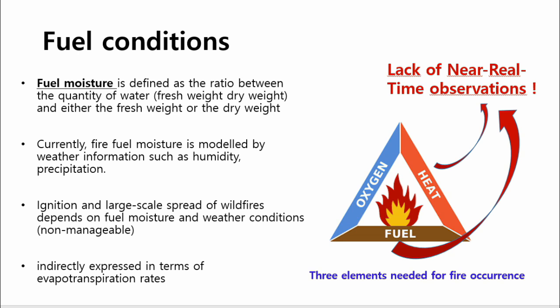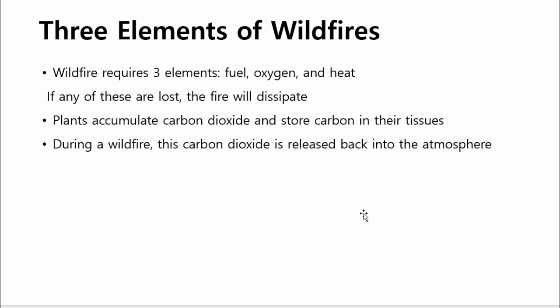Ignition and large-scale spread of wildfires depend heavily on fuel moisture and weather conditions. If you look at the figure on the right-hand side, these are the three elements needed for fire occurrence: oxygen, fuel, and heat. So as long as you understand the fuel, heat, and oxygen, you can predict and evaluate the severity of the fire. If any of these is lost, the fire will dissipate. So our purpose is to remove one of these elements.